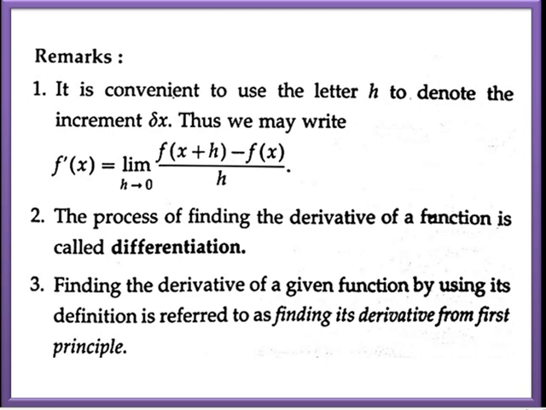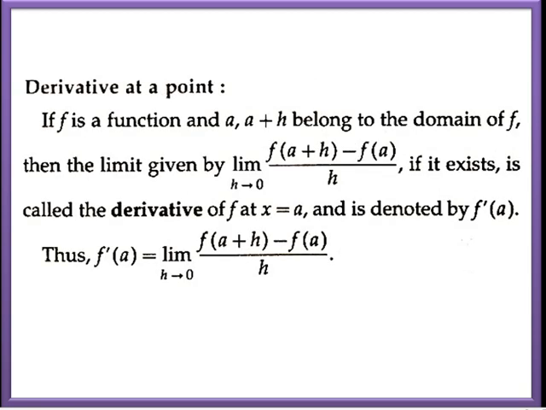Now the process of finding the derivative of a function is called differentiation. Finding the derivative of a given function by using this definition is referred to as finding its derivative from the first principle.